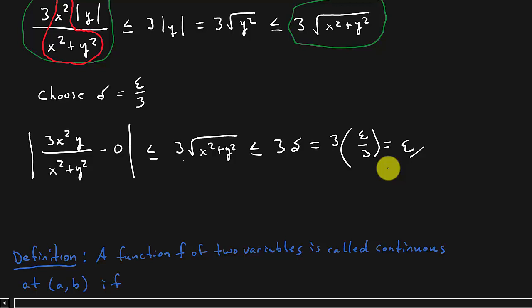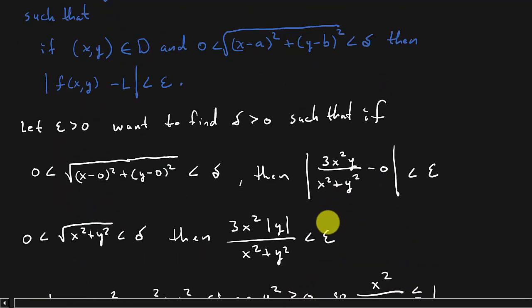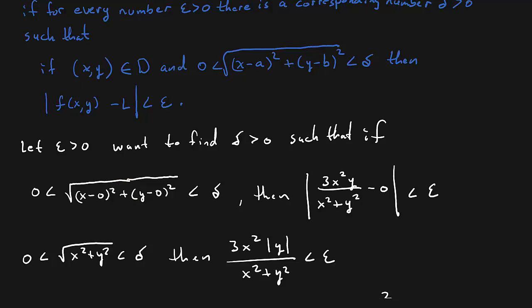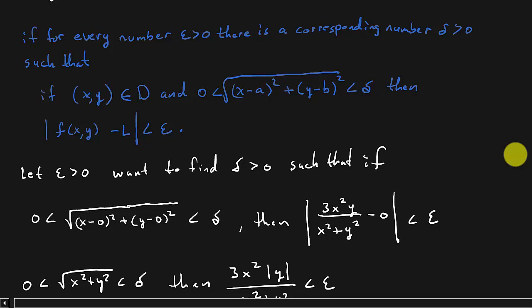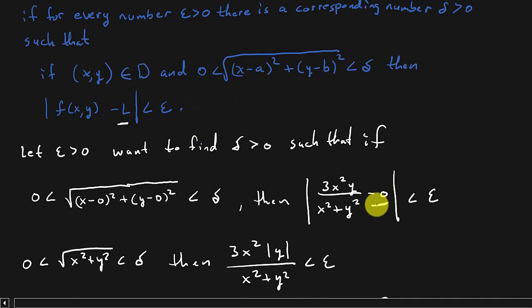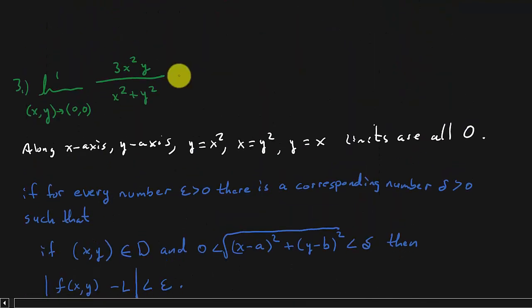And so that's what we needed to show. And so what was our limit? We used the point 0, 0. You see that? And isn't that what we chose, that we were testing our limit to see if it was 0? See the L here, 0? That's what we chose L to be. And so that means this limit here is equal to 0.